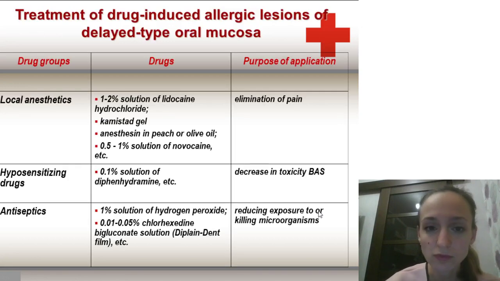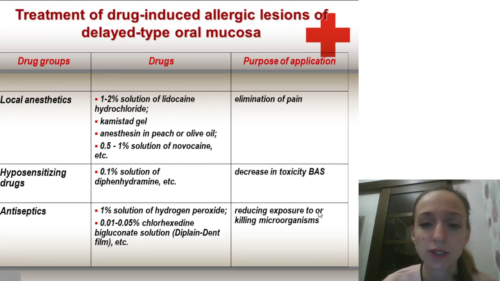Anti-inflammatory drugs and a vitamin diet are given; spicy food and alcoholic beverages are prohibited. Treatment of drug-induced allergic lesions of delayed type of the oral mucosa, drug groups: local anesthetics, 1 and 2% solution of lidocaine, Cholisal gel, anesthesin in peach or olive oil, and 0.5-1% solution of novocaine. The purpose of application is elimination of pain.